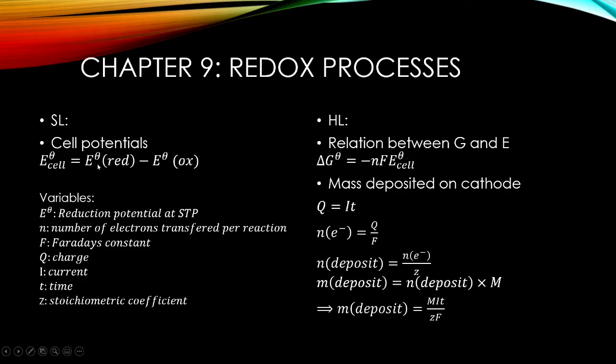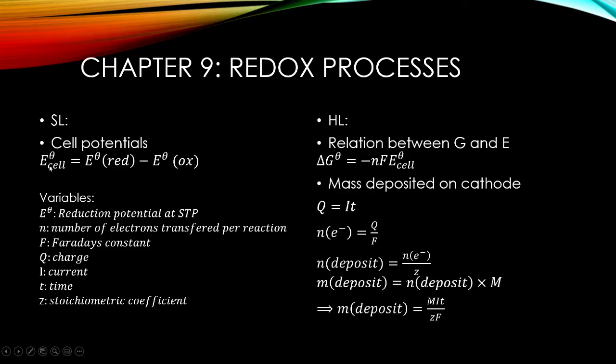So it's really the reduction potential minus the oxidation potential, but you get this by taking the negative reduction potential of the oxidation reaction. So I just remember this as E cell equals E red minus E ox. And this is important to understand how to do with problems, because it comes up all the time.